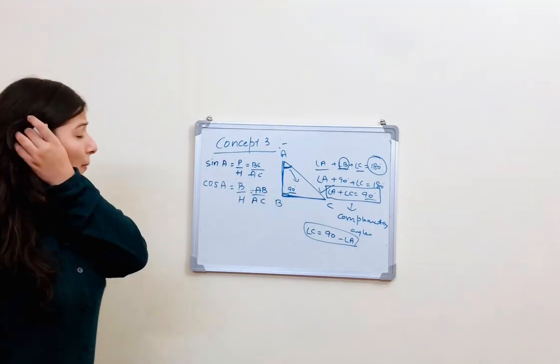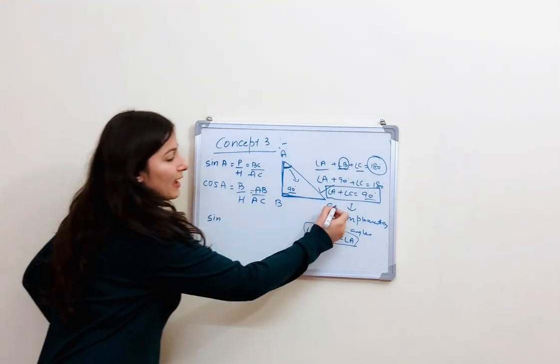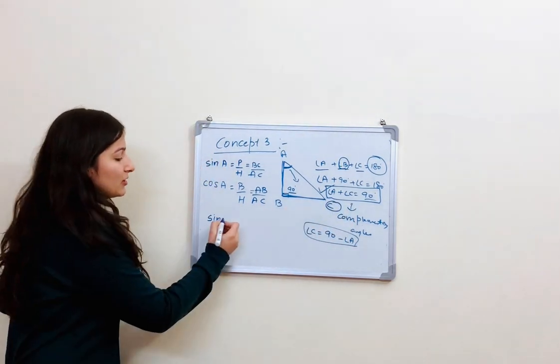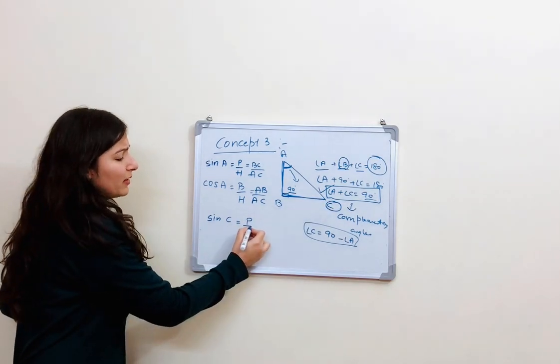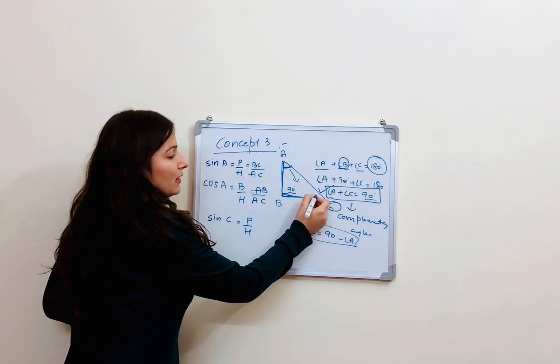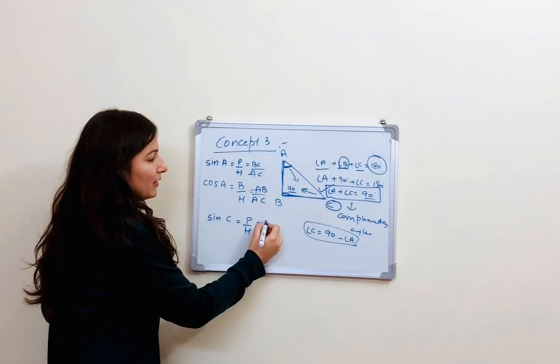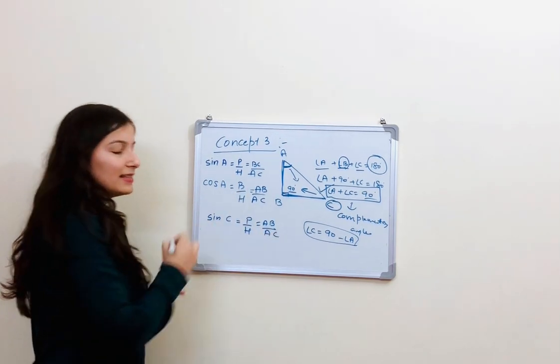Right? But if I have to find according to this angle C, so sine C, again, sine is perpendicular upon hypotenuse. That remains same. According to C, perpendicular is AB and hypotenuse remains the same, that is AC.